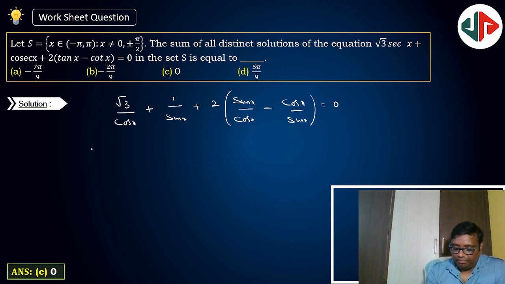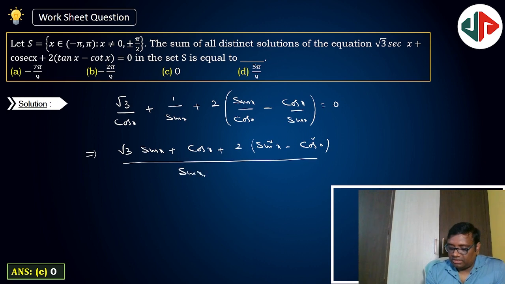If I take LCM, so root 3 times sin x plus cos x plus 2 times sin square x minus cos square x by sin x into cos x is always equal to 0.